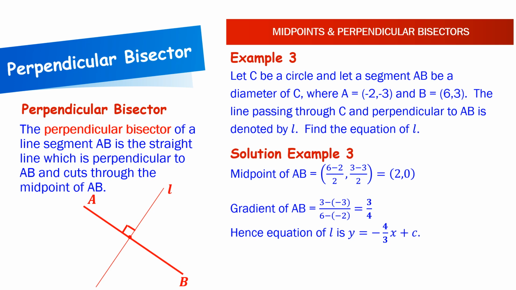Therefore, the equation of L is y equals -4/3 x plus c. This is because when the gradients of both these lines, which are perpendicular to each other, are multiplied by each other, they give -1.